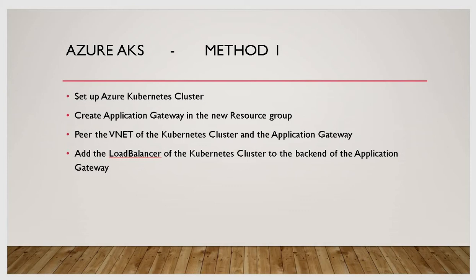Your Kubernetes cluster will have its own VNet that is generated when you deploy your Azure AKS command, and you would then need to set up a different VNet for your application gateway, and then you peer the VNets, and then you add the IP address of your load balancer, whether it's internal or external, in this case internal load balancer, and then you add it as a backend to the application gateway. And once you peer that, that will then be able to route traffic to the load balancer and then route the traffic into your containers.